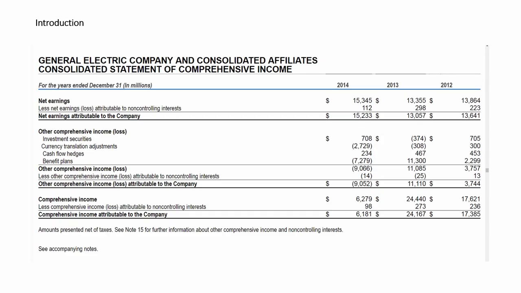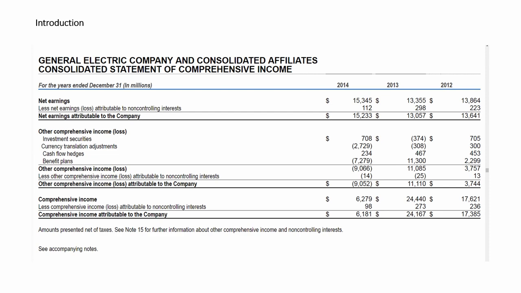And finally, this is a display from General Electric's 2014 10-K, for the year ended December 31st, 2014. Let's focus on the middle portion of this illustration. We see other comprehensive income. They've got $708 million of unrealized gains on investment securities. They've got $2.7 billion of other comprehensive losses from currency translation adjustments, and a bunch of other stuff going on.